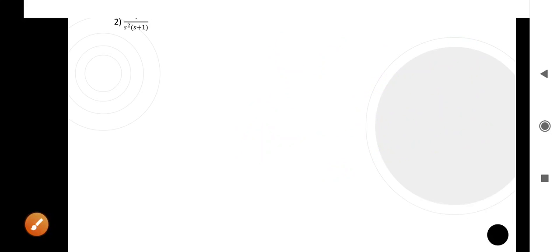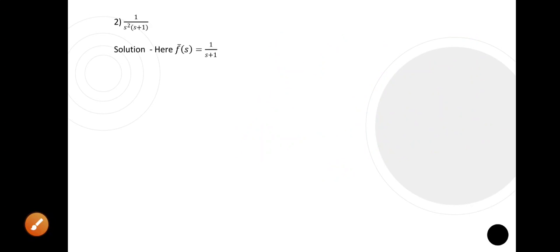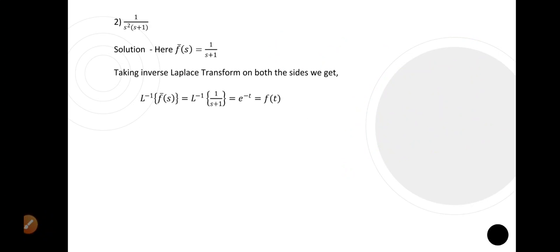So our first step is to identify f bar of s, here in this example it is 1 upon s plus 1. So f bar of s is equal to 1 upon s plus 1. Again, using the method of use of standard results, you can find its inverse LT, and it is very simple. It is equal to e raised to minus t.